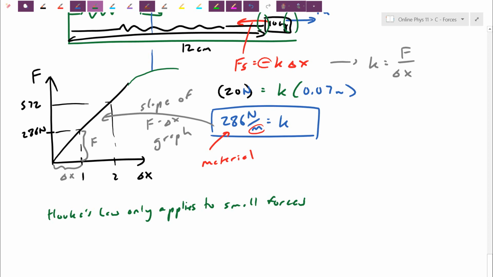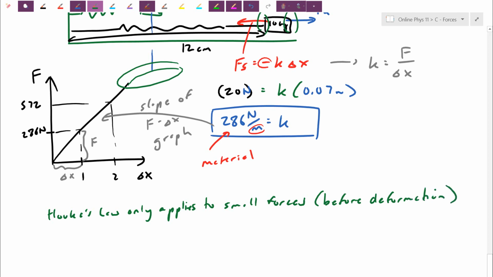It's now permanently deformed, right? And that's showing you that it isn't linear forever. It's linear up to a limit. So as long as you pull it within its natural stretchy lengths, and you don't actually deform it, it should apply. So Hooke's law only applies to small forces, and we'll just say this is before deforming.